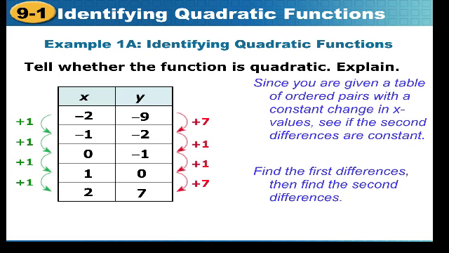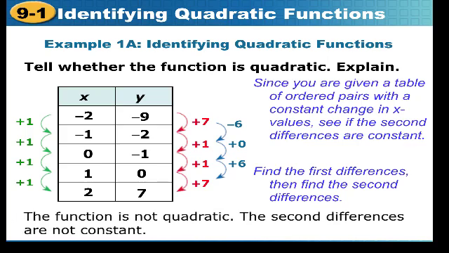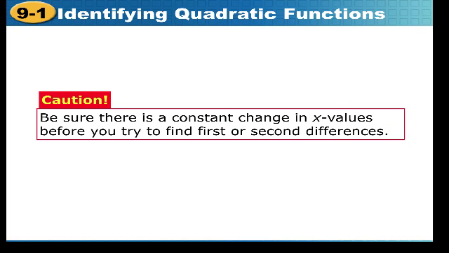Find the first differences, then find the second differences. The function is not quadratic. The second differences are not constant. Caution: be sure there is a constant change in x values before you try to find first or second differences.